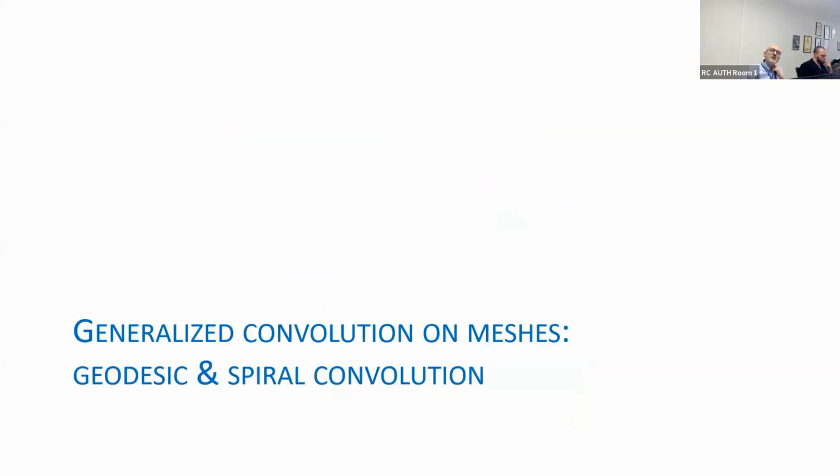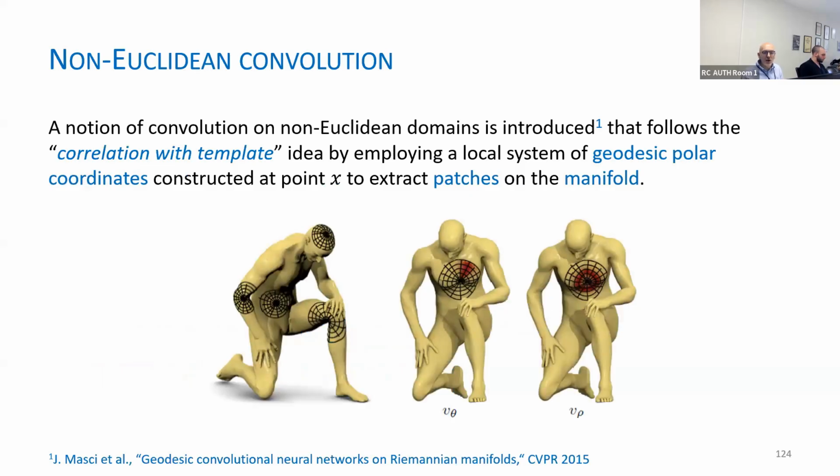And so here, this is the first example that I mentioned: generalized convolution on meshes with two different approaches. The first one is geodesic convolution, and the second one is spiral convolution. Geodesic convolution is actually one of the first attempts to define a convolution on a domain which is a manifold.